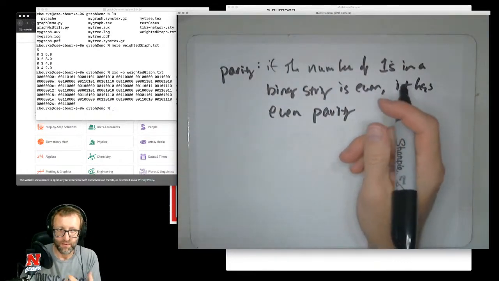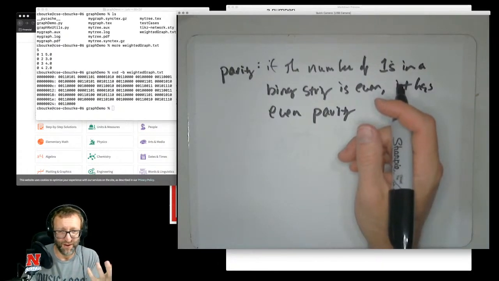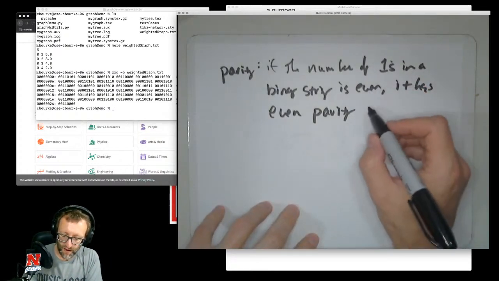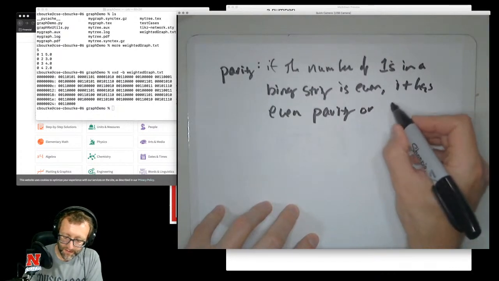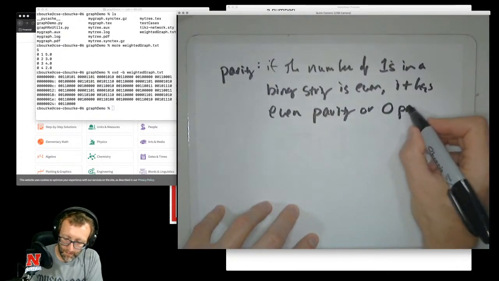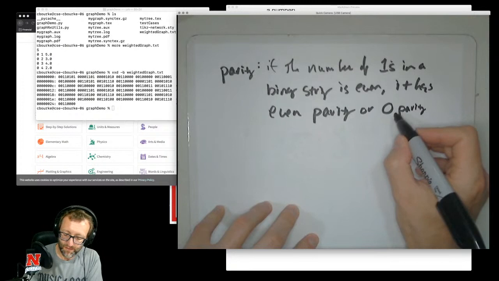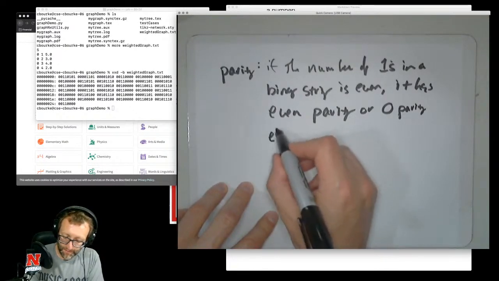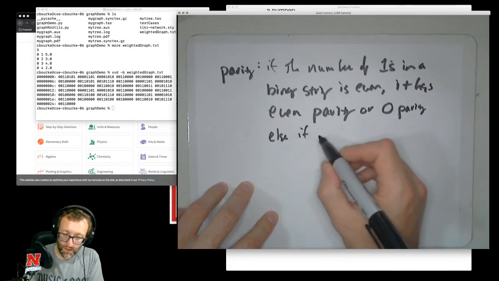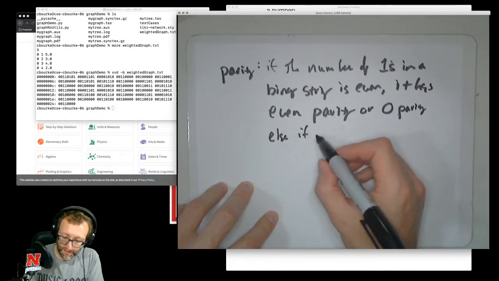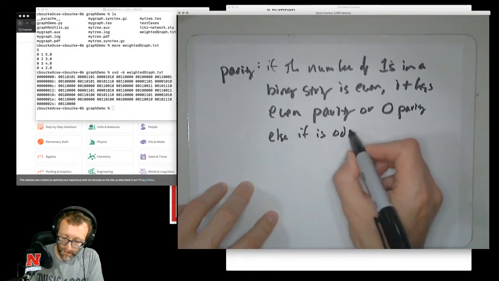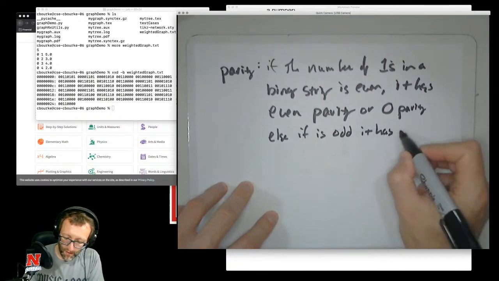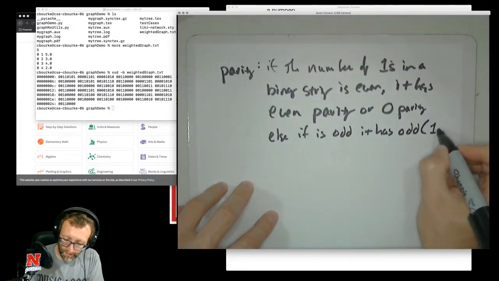Parity, equality, kind of, that they're on parity, they're on the same thing, so they're all balanced in some sense. Even parity or zero parity. It's even, so it's zero. Otherwise, if the number of ones in the string is odd, it has odd, that is 1 parity.